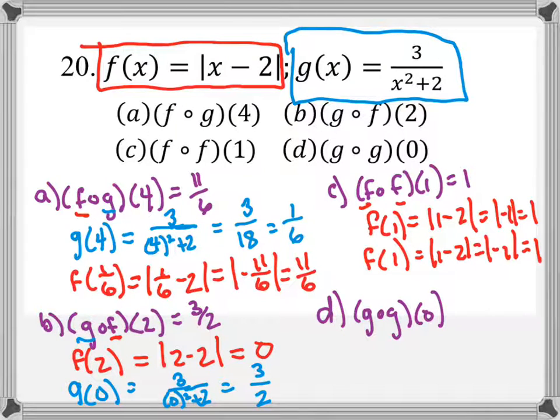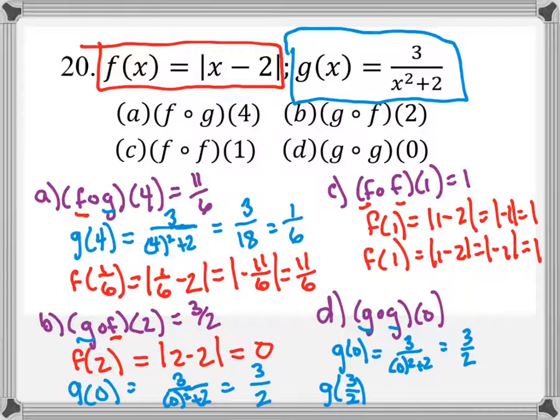Finally, g of g of 0. Our rightmost function is g. We're going to substitute 0 in for x in the g function. So 3 over 0 squared plus 2, or 3/2. And then we'll feed 3/2 into the g function.